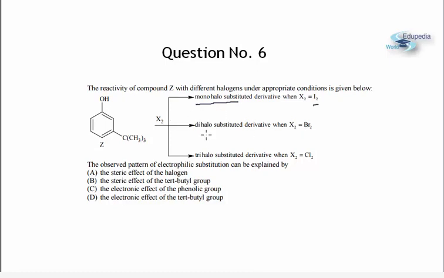When it is Br2, we get a dihalo substituted product, that is, substitution at two places. And when it is Cl2, we get a trihalo substituted product, that means substitution at three places. And we have been asked to give reasons for this.